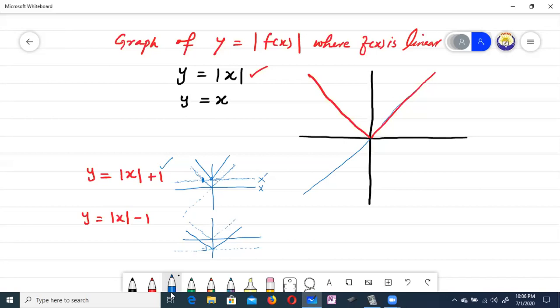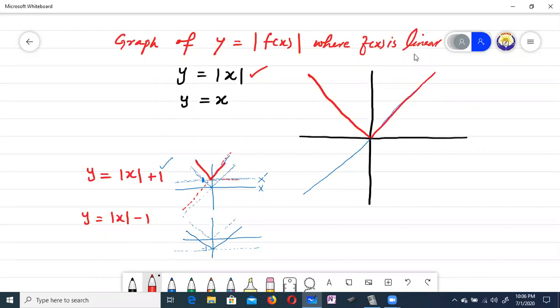One more thing I can tell you here. In these type of functions, we can draw graph of y is equal to x plus 1. We will remove this modulus. First, we have to draw the graph of y is equal to x plus 1. That graph will be like this. Then below this new translated axis, the portion below this one, we will take the image of that one.